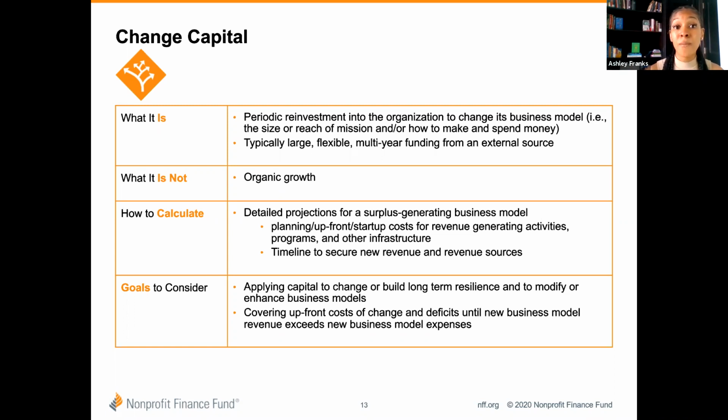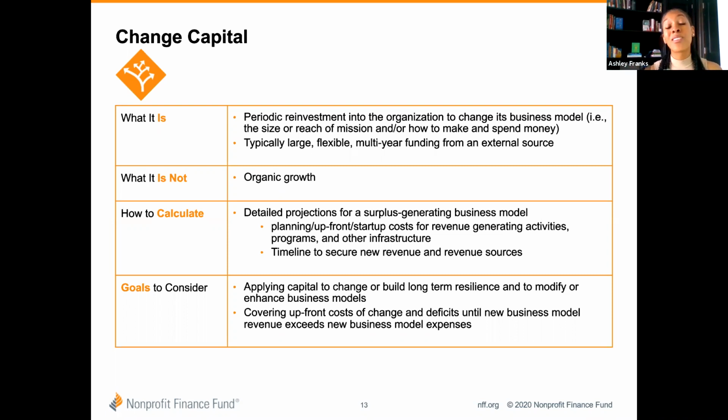You also want to consider other inputs like new capacity, what new positions need to be filled. Some of you mentioned just a moment ago that there are unfilled positions. You need more capacity to deliver on your mission. There are also going to be ongoing facility and equipment maintenance costs. And then of course, there are the direct costs of the change.